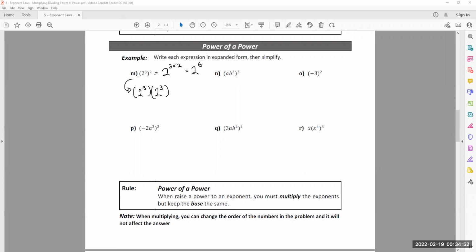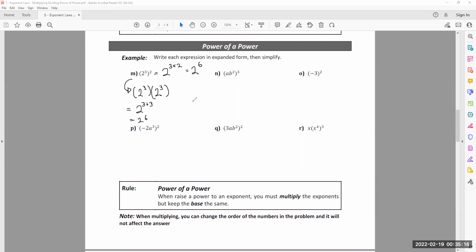And what do we learn about multiplication of powers of the same base? Well, that would be 3 adding with itself, which is 2 to the power of 6. So you can add the 3 to itself, or using a short form, you can simply do 3 times 2. They're going to give you the same thing.